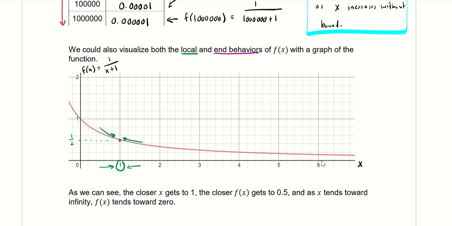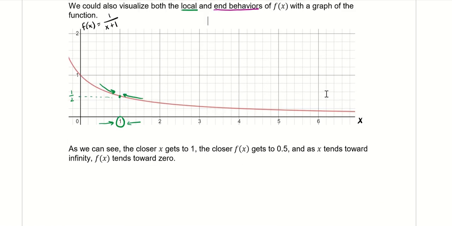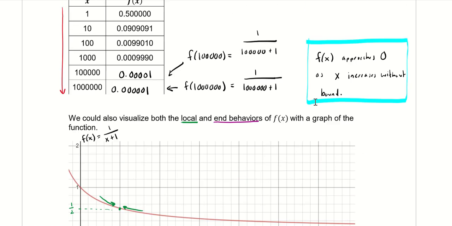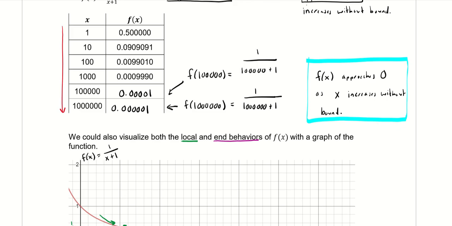And in terms of the end behavior, we were talking about what happens as x increases without bound. In other words, if we were to continue this x-axis way, way out there, what would this function be doing? As we showed with our table here, it looks like our function value is getting closer to 0.